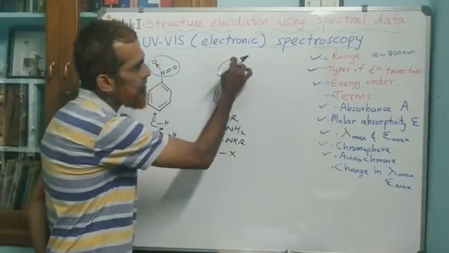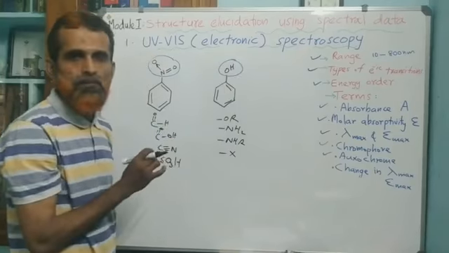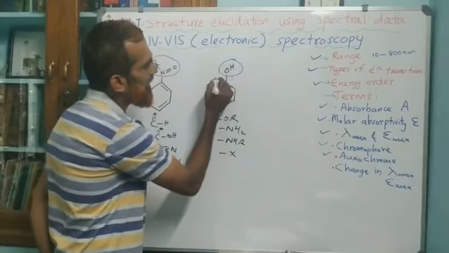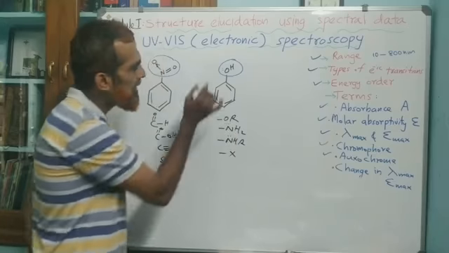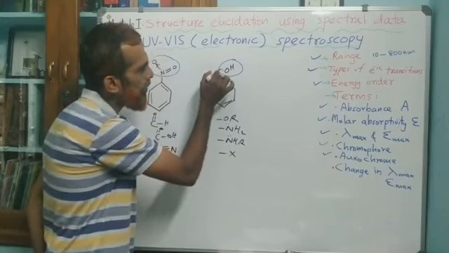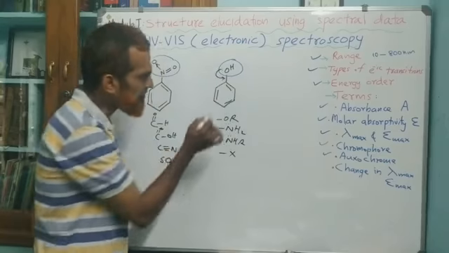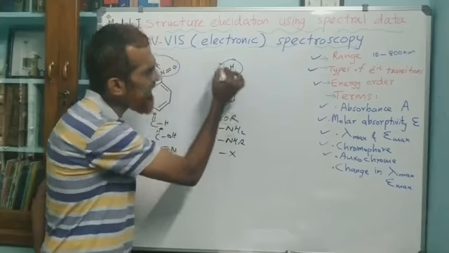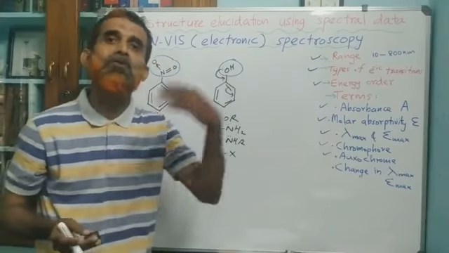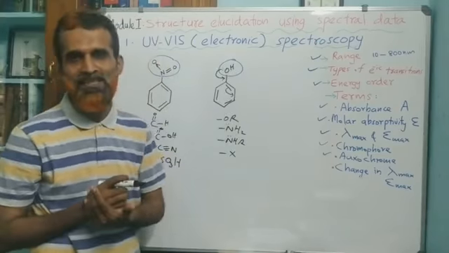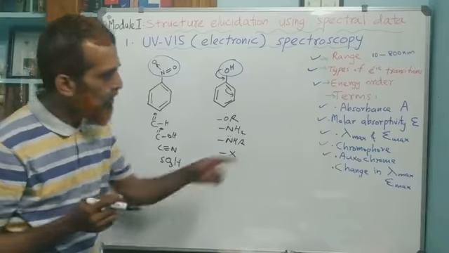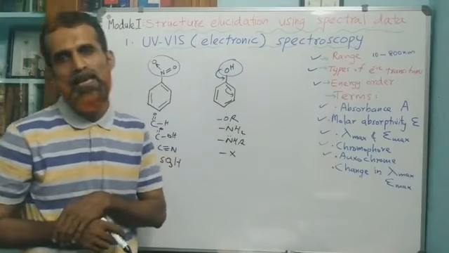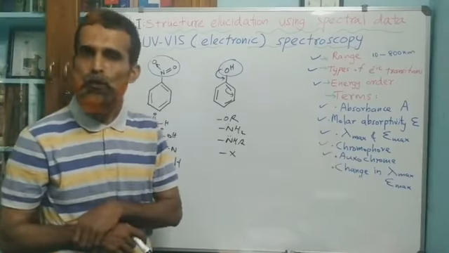So when the OH group comes along with benzene, you know there is a lone pair on oxygen, and on all these groups there is a lone pair. So this is in conjugation, so the lone pair gets delocalized into the ring. So the presence of lone pair on these groups increases conjugation, increases delocalization. That will increase the lambda max. So oxochromes, we can say, are color strengthening groups.